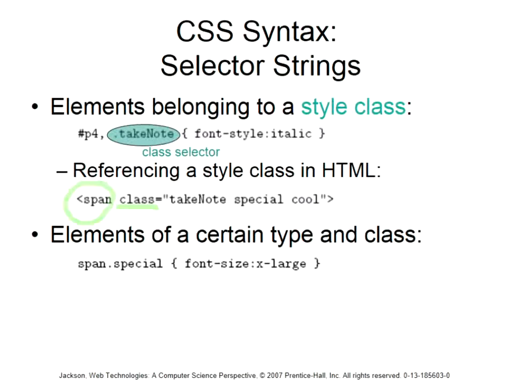So here, for example, for this tag span, we have how many classes? We have the class TakeNote, another class special, and another class school. So this style will be applied to this tag. Why? Because it has the class TakeNote.